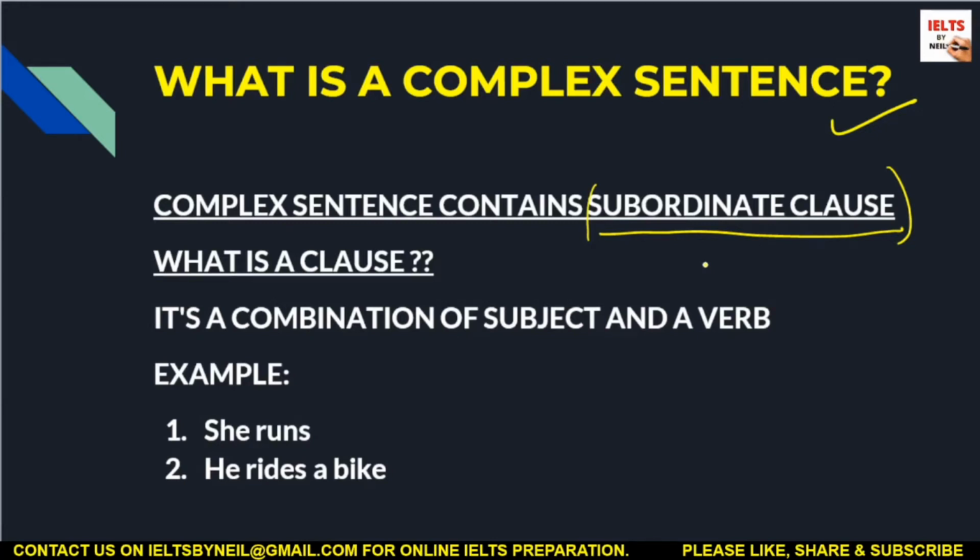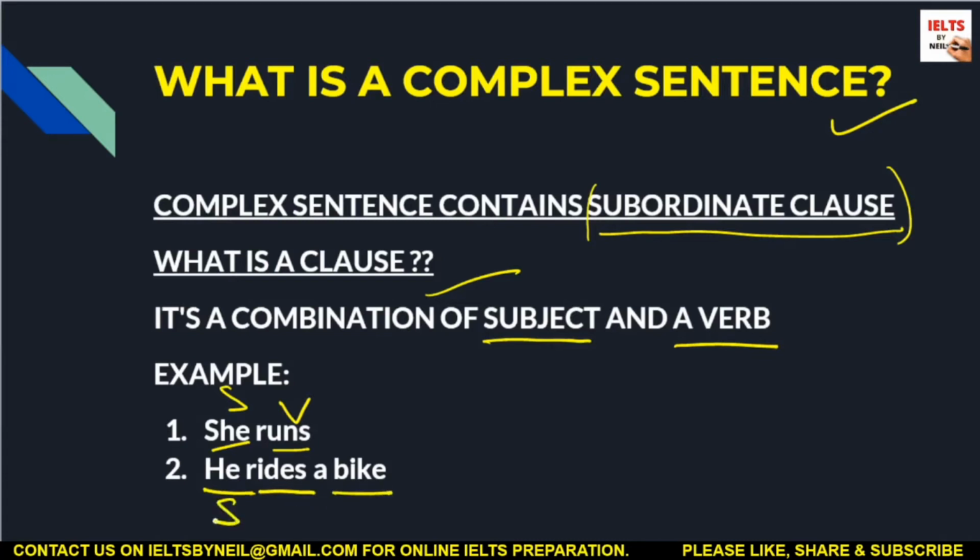Now before we get on to subordinate clause, let's see what a clause is. A clause is a combination of a subject and a verb. For example, she runs. She is the subject, runs is the verb. He rides a bike.